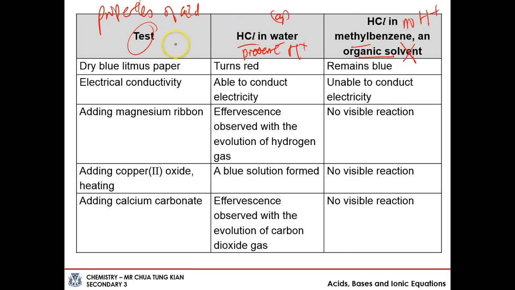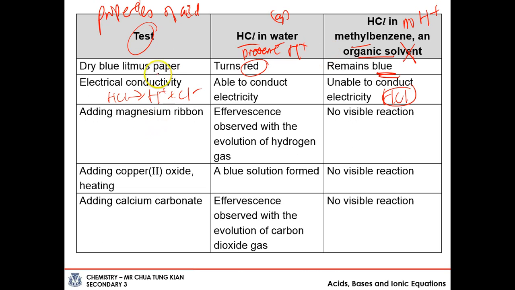The HCl in water will turn my blue litmus paper red. This one remains blue. Why? Because there's no H+. The HCl in water can conduct electricity. Why? Because it is now dissociated into H+ and Cl-. Over here it remains as HCl molecules, no dissociation, no mobile charge carriers, so it cannot conduct electricity.